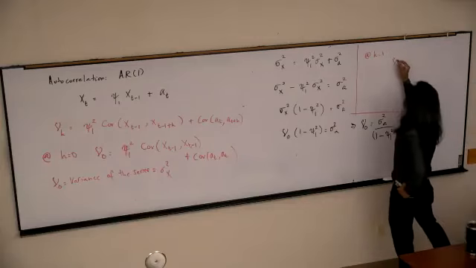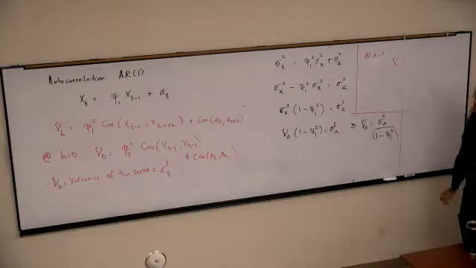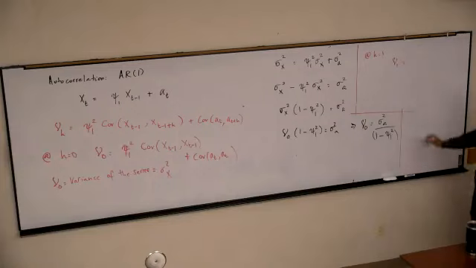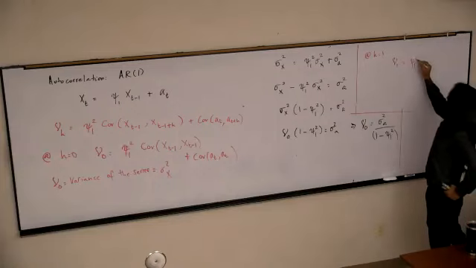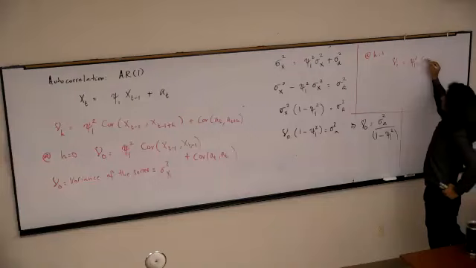Gamma 1. What about this side? So psi 1 squared multiplied by the covariance of x sub t minus 1 and x sub t.